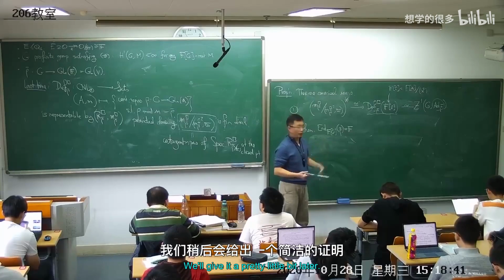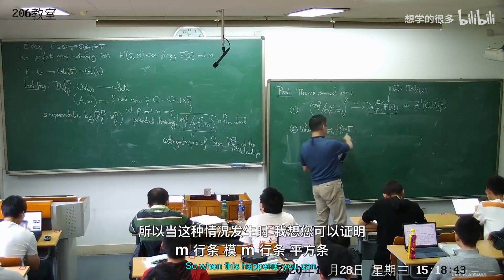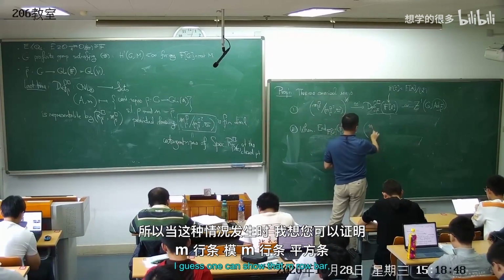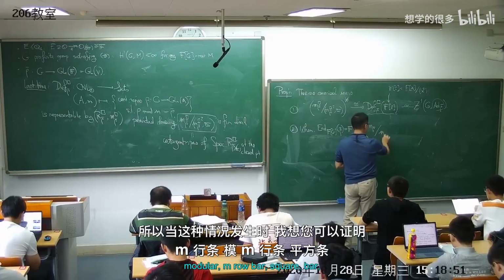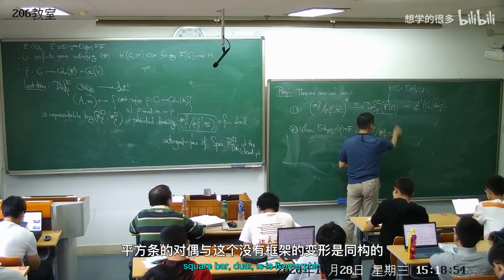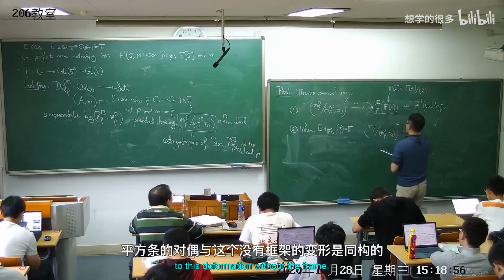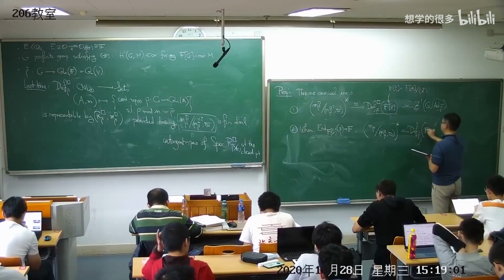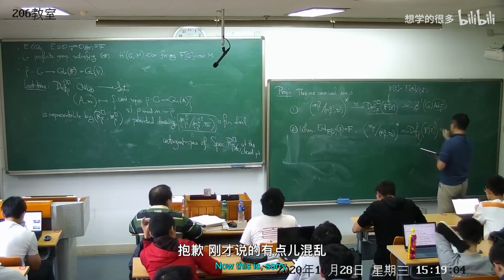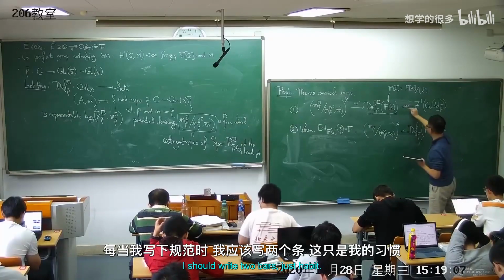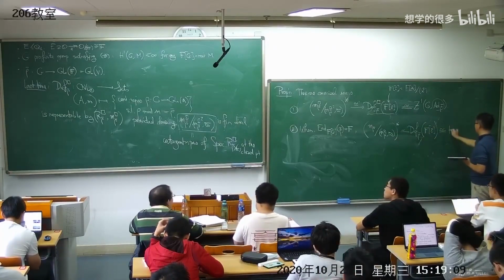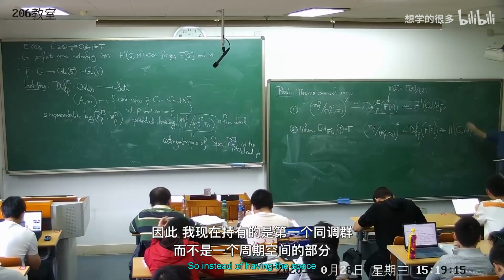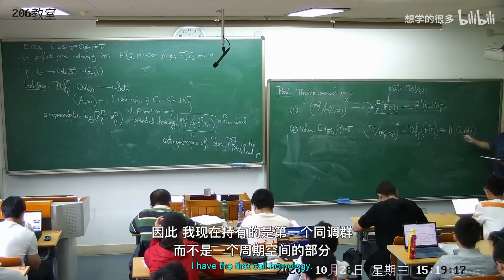We'll give the proof a little bit later. So when this happens, one can show that (m_rho bar modulo m_rho bar squared and pi) dual is isomorphic to this deformation without the frame. Whenever I write canonical isomorphism, I should write two bars, which is a habit. So instead of the space of one-cocycles, I have the first cohomology.